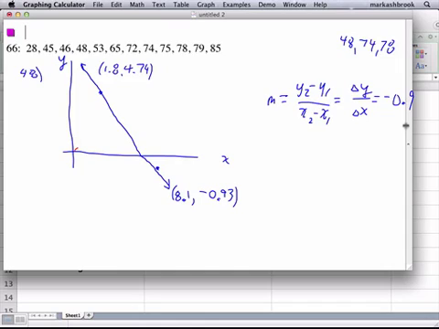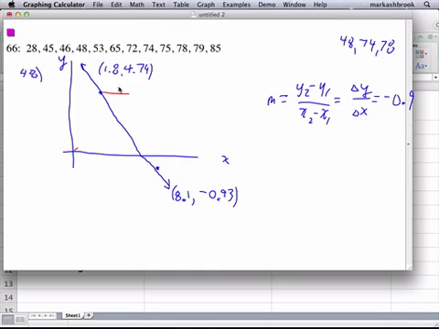Oh, so they're just saying what's the change in x? Am I right? Are they just asking about this? Well, you go from 1.8 to, oh, to x equals 5. Sorry. All right, so to 5 will look like this.